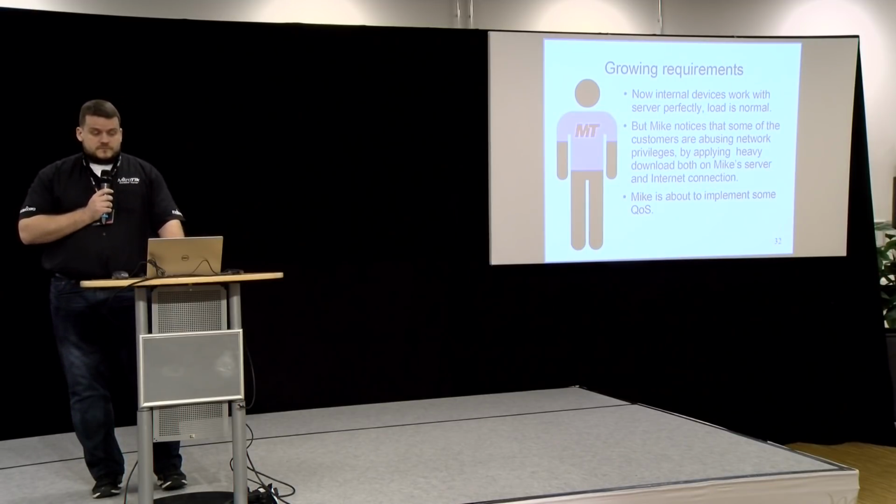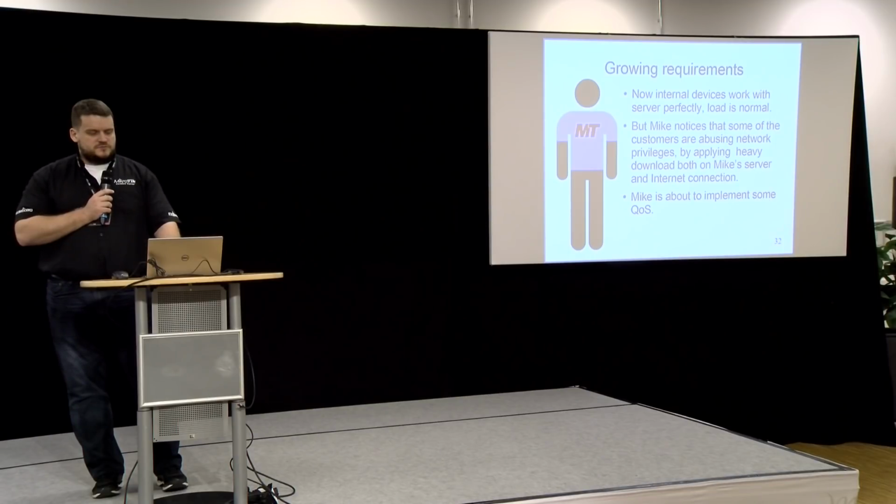So days go by, requirements grow. Internal devices work perfectly to the servers, load is normal. But Mike notices that some of the customers, when they arrive at his business, are abusing the internet with heavy downloads.